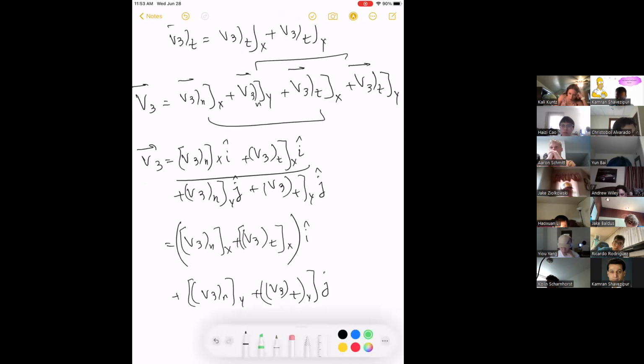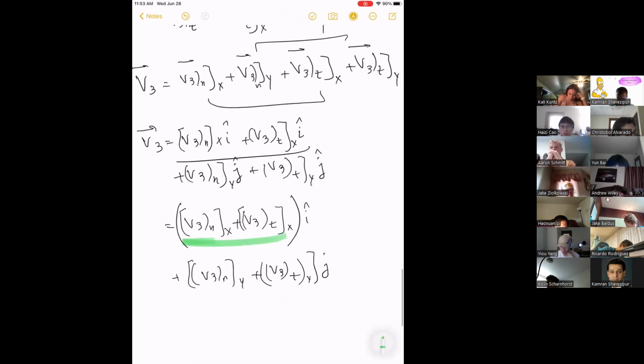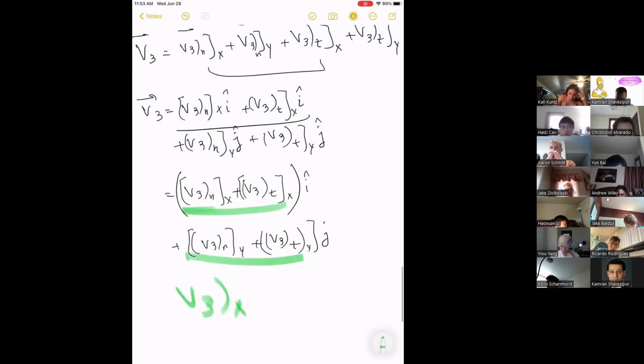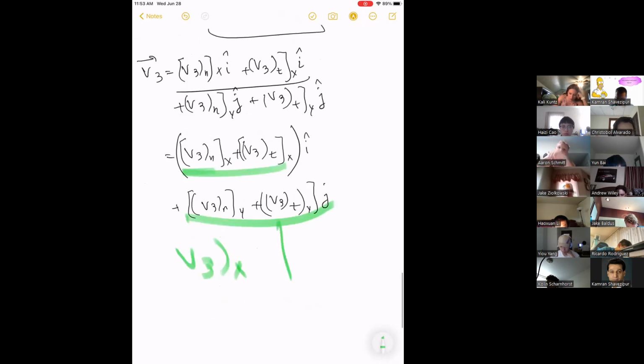Of course, this makes it V3X, and this makes it V3Y, right? Can I do that? So technically, I could not get V3X and V3Y directly.